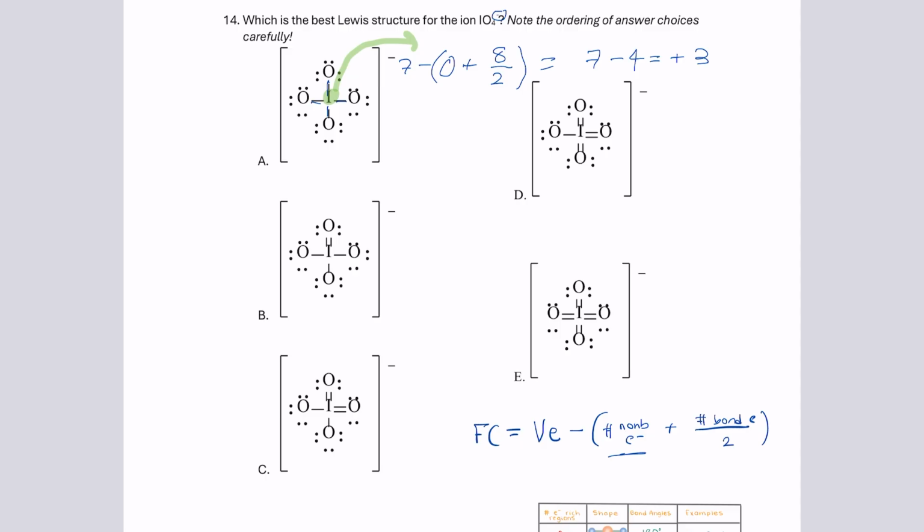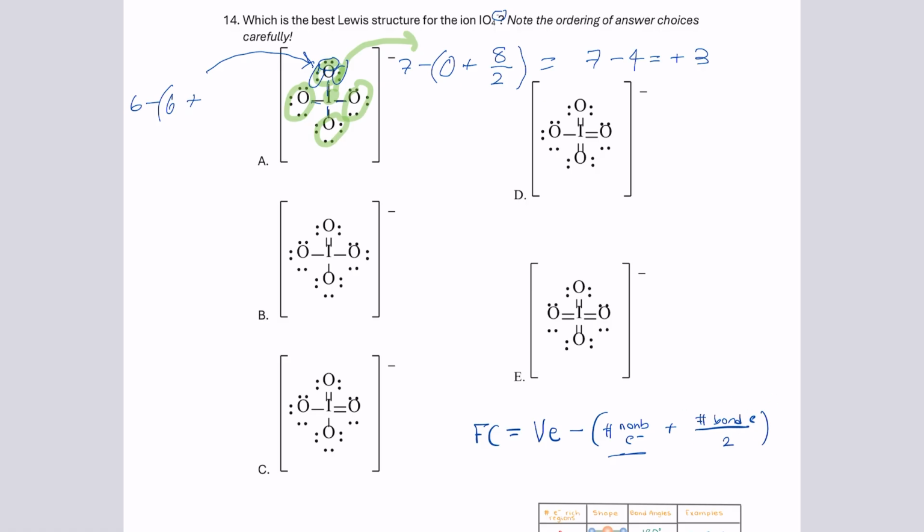Now we can figure out the formal charge of this oxygen. And what we notice is all 4 of these oxygens are equivalent. They form one single bond to the central atom, and they have 3 lone pairs. So once we calculate the formal charge on this oxygen, it's going to be the same for the other 3 as well. The number of valence electrons for oxygen is 6. We're going to subtract the number of non-bonding electrons, which is 6, plus the number of bonding electrons.